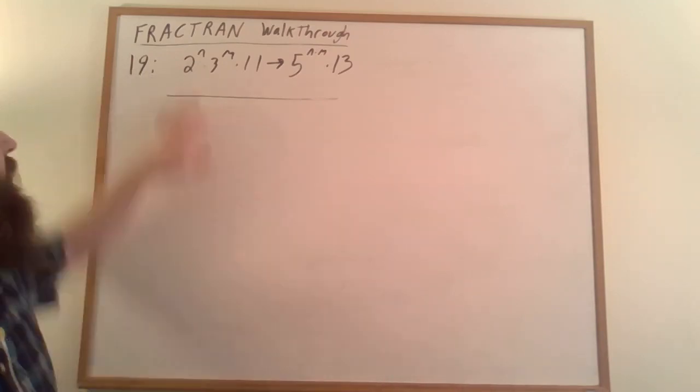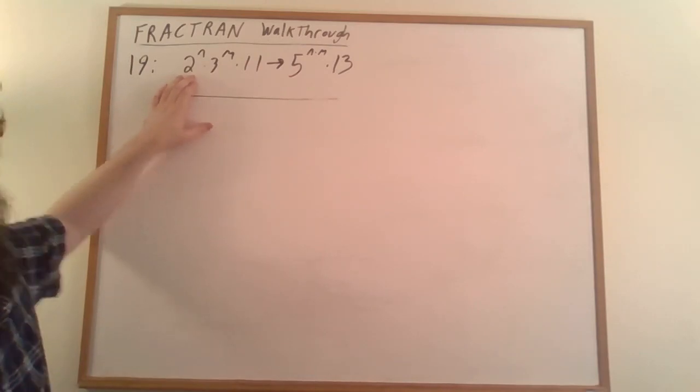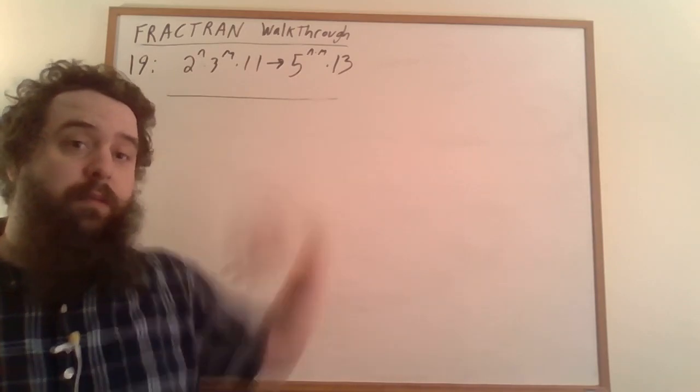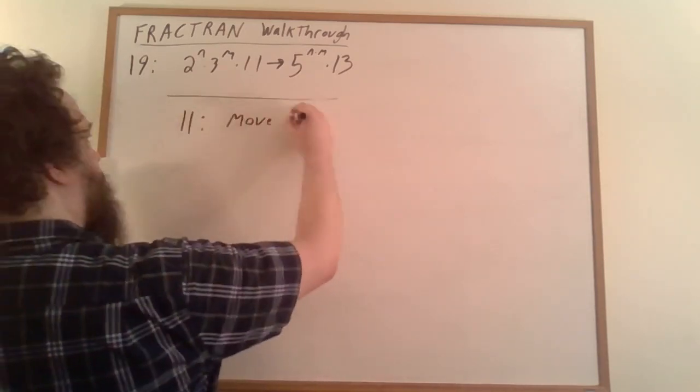So what we'll want to do is take the value in the 2's register and store it in, let's say, the 7's register so that we can bring it back when we need it.